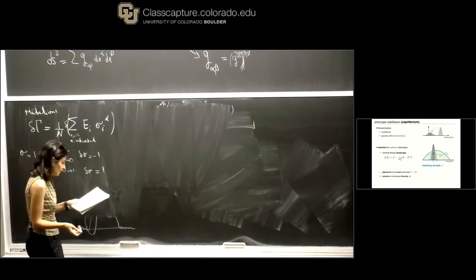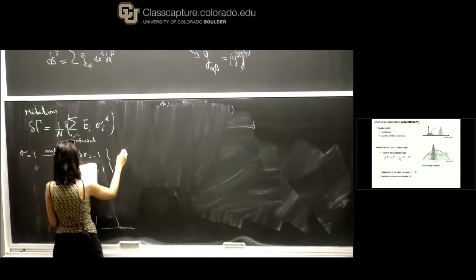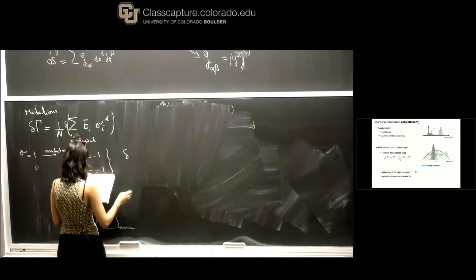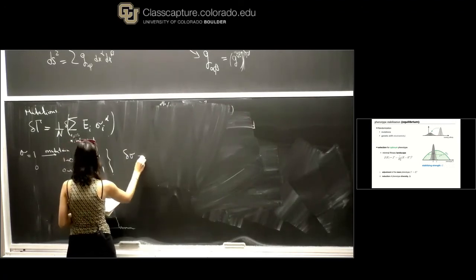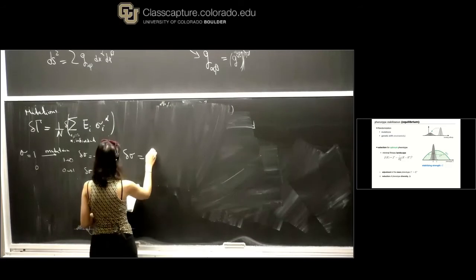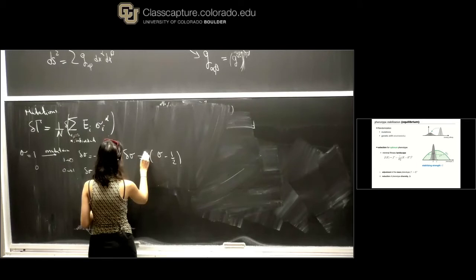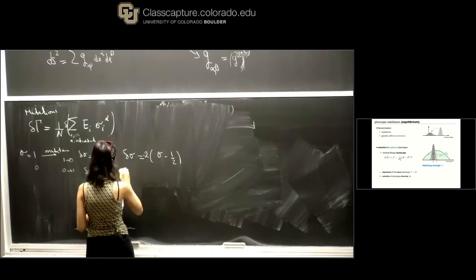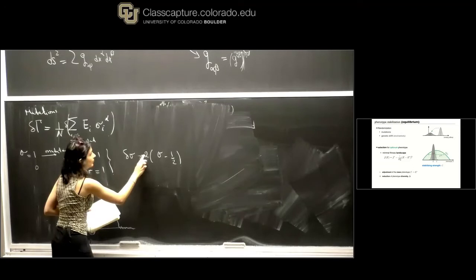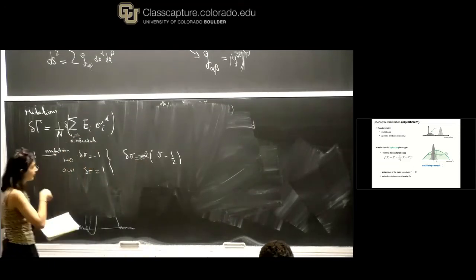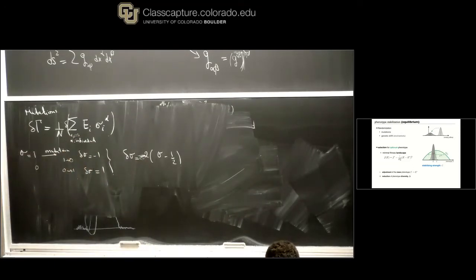And so in general, you can basically write your delta sigma as minus 2 times sigma minus 1/2. So if you're 1, you get minus 1. If you're 0, you get 1, right?